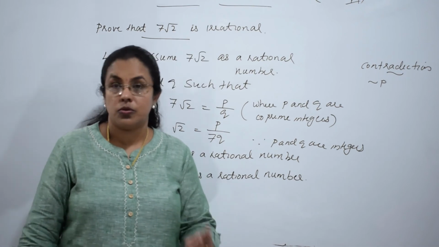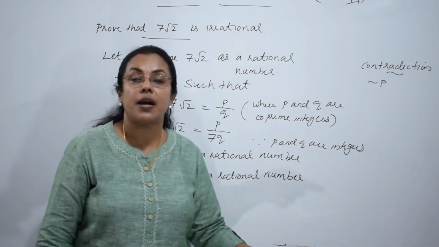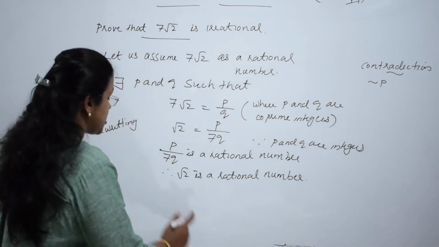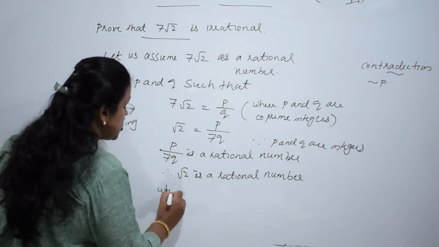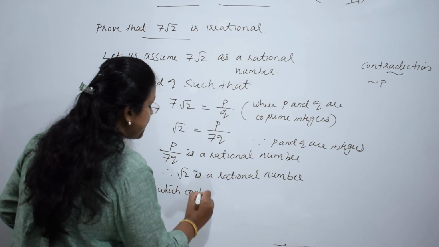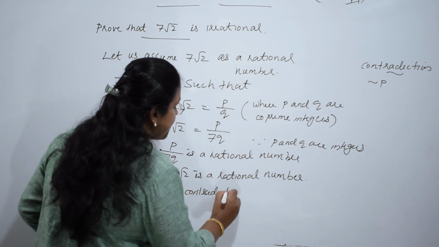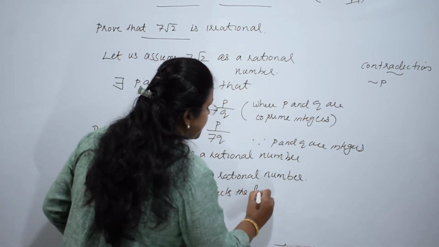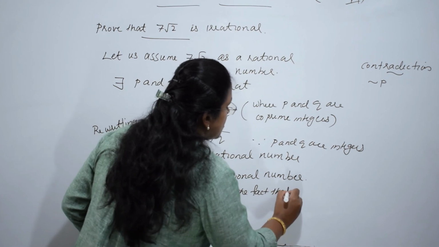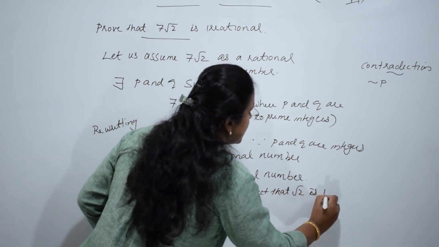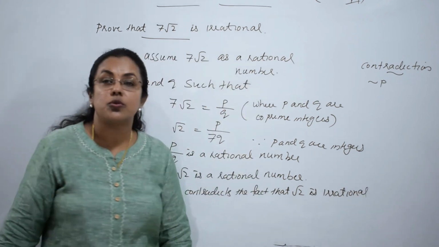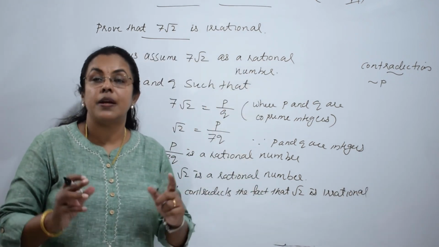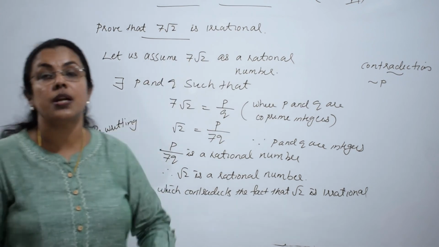Is it true? No. It contradicts the fact that root 2 is irrational. We already know root 2 is irrational, which contradicts the fact that root 2 is irrational. Then very strong, our assumption is wrong.